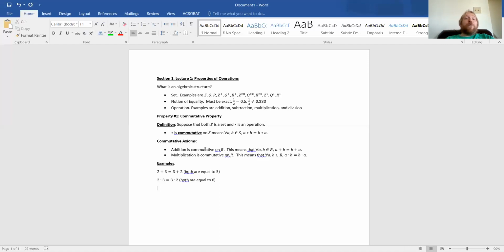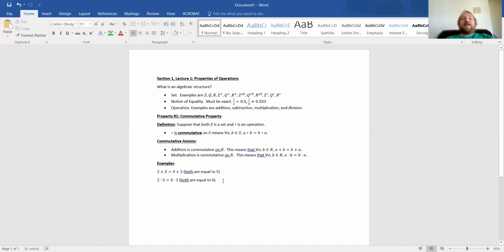For example, if I wanted to show that addition was commutative on the integers, if I took any two integers A and B, well, because Z is a subset of R, A and B are reals. And because we know addition is commutative on the reals, A plus B equals B plus A. Thus, addition must also be commutative on the integers. And that same argument would work for any of these subsets here.